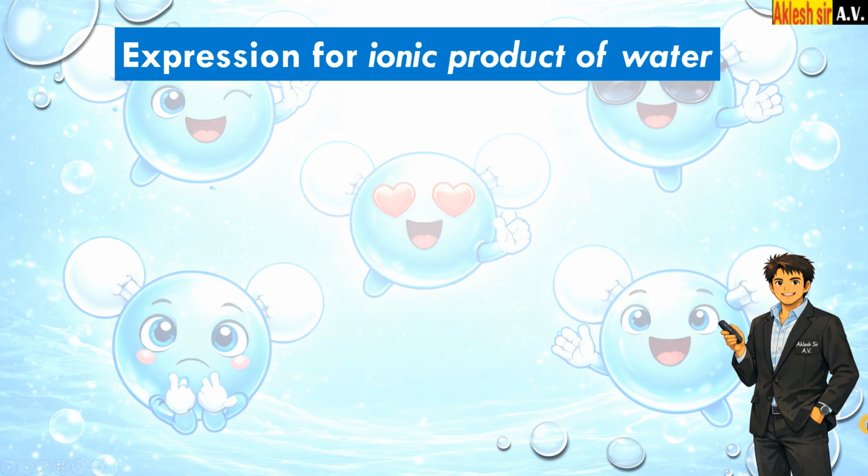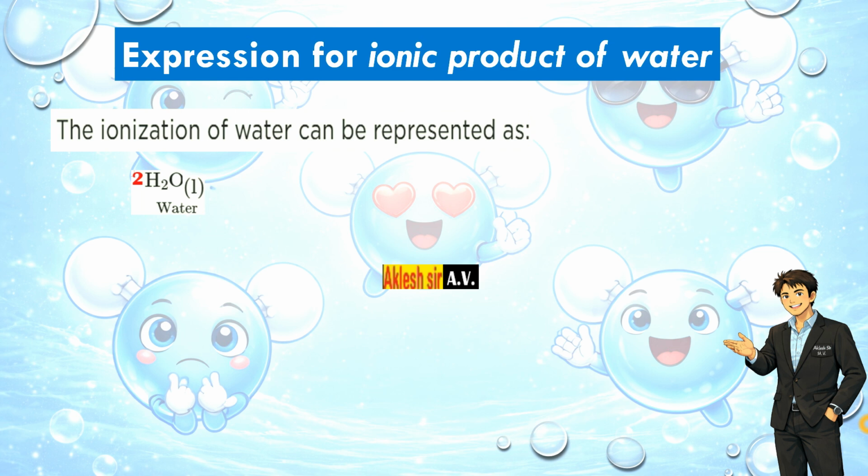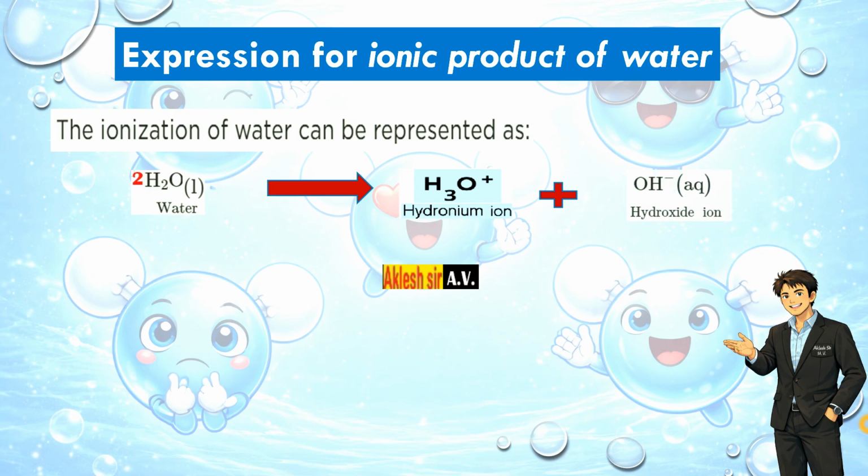Expression for the ionic product of water. So derive the ionic product of water. First we have to write the reaction. The ionization of water can be represented as: two molecules of water give one hydronium ion and one hydroxide ion.